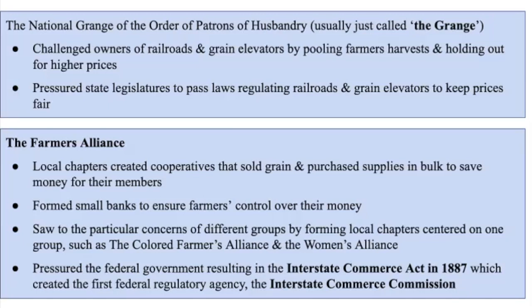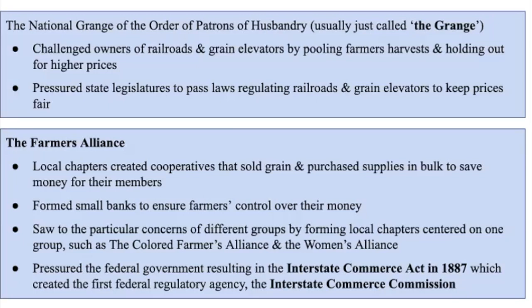The Farmers Alliance also formed small banks to ensure farmers' control over their money. Just to remind you, in case it slipped your mind, anybody could form a bank at that time. The Farmers Alliance saw to the particular concerns of different groups by forming local chapters centered on one group, such as the Colored Farmers Alliance and the Women's Alliance.